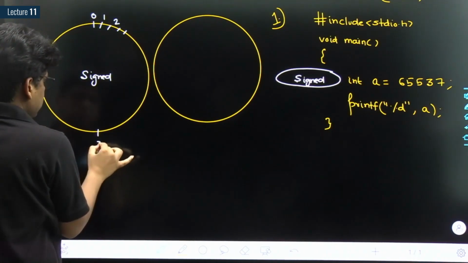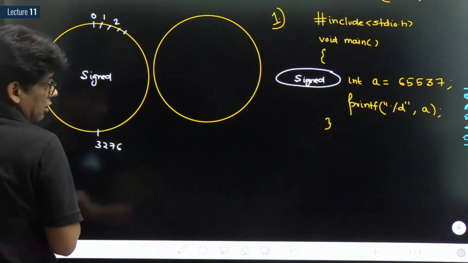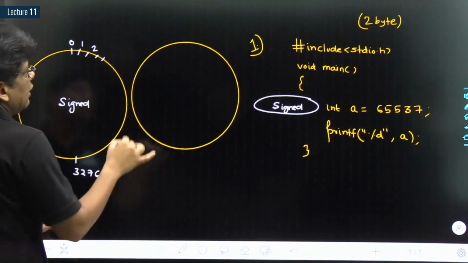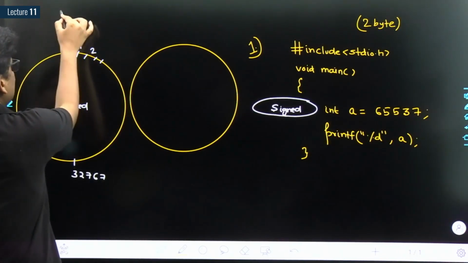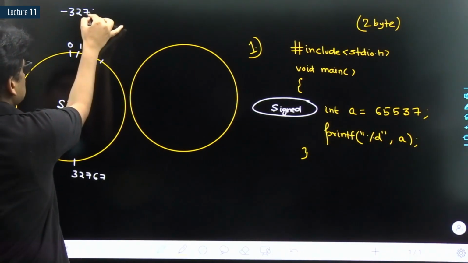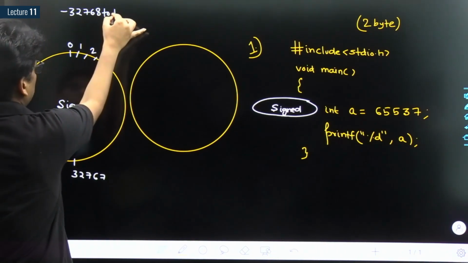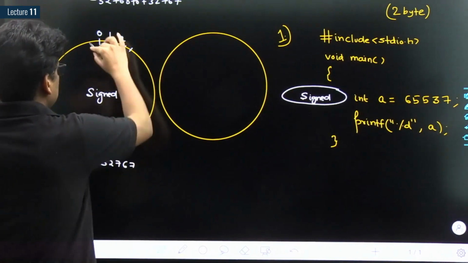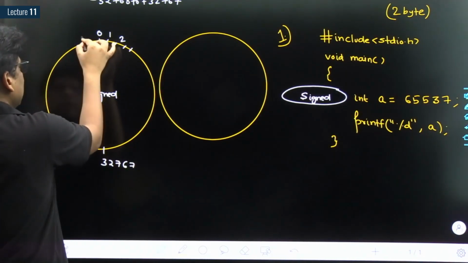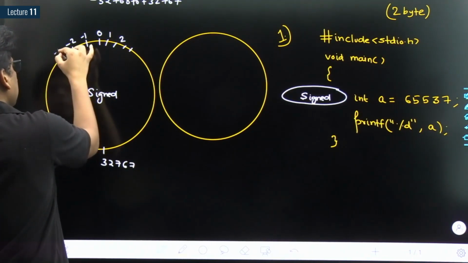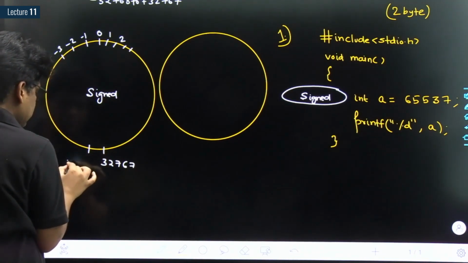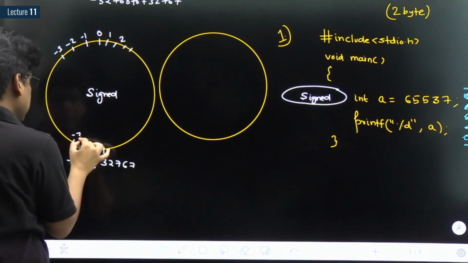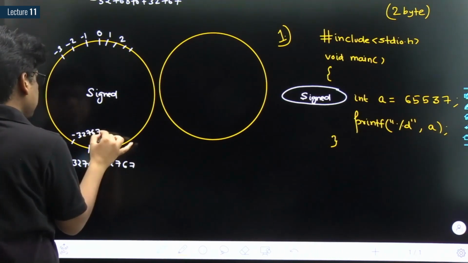And here comes 32767. Sir, in 2 bytes, what is the range of signed? Minus 32768 to plus 32767. And it goes like this: positive and then negative, like this. Minus 32768, minus 32767 and so on.